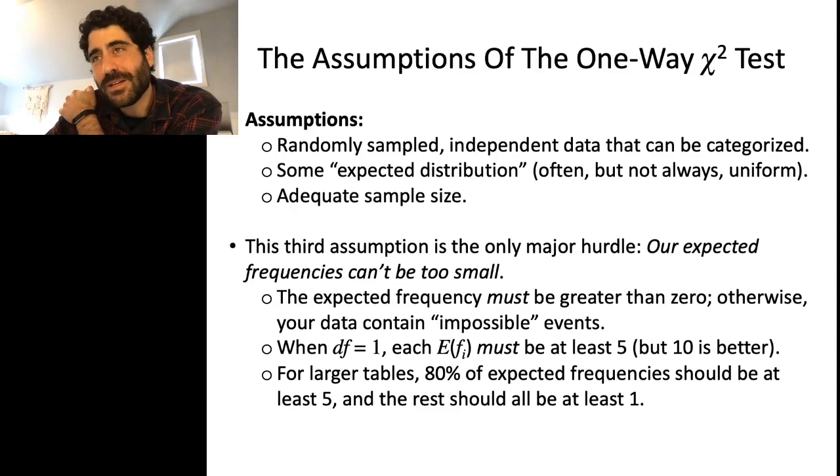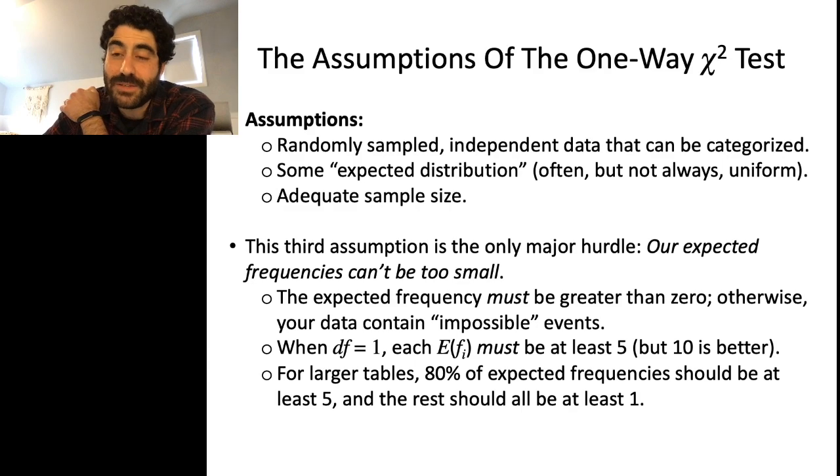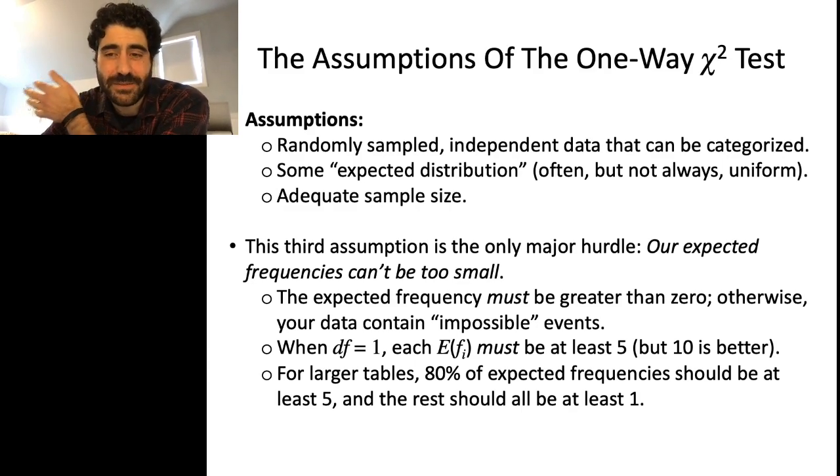If we have a lot of outcomes, it might be hard to actually get 5 in every single square, but we want to have at least one in each square, and at least one in every possible outcome, and hopefully at least 5. The problem is if these counts are too small, then the chi-square distribution is no longer a good null distribution for this.